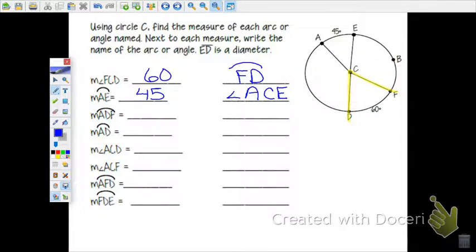Next one. When I look at this, I know I've got a major arc. If I trace it around, I'm starting at A, going through D, and ending at F. So how can I find the measure of that major arc?